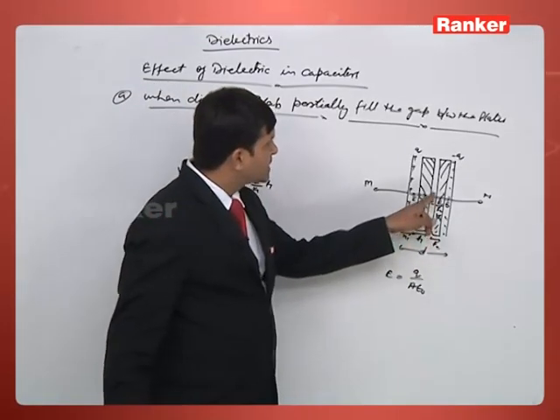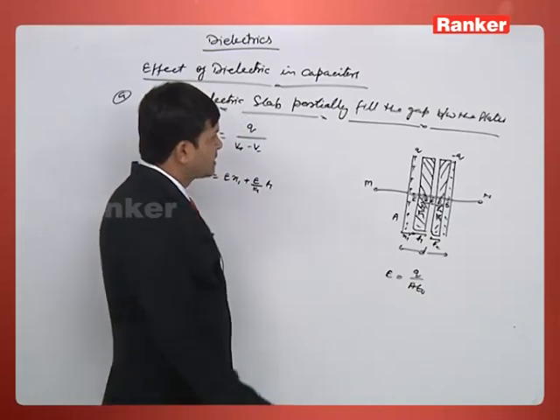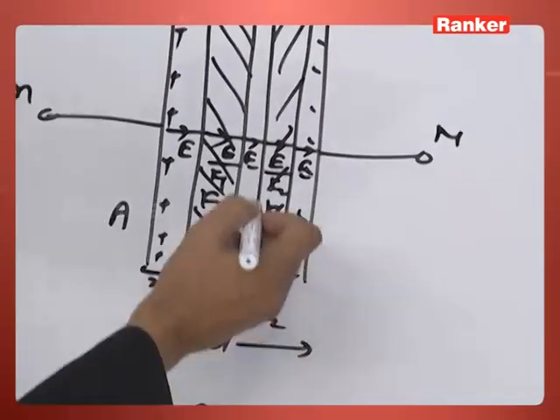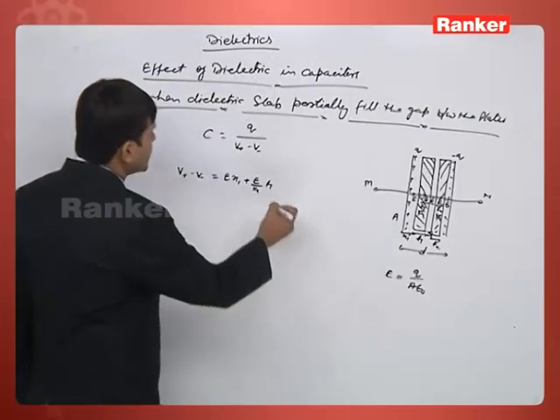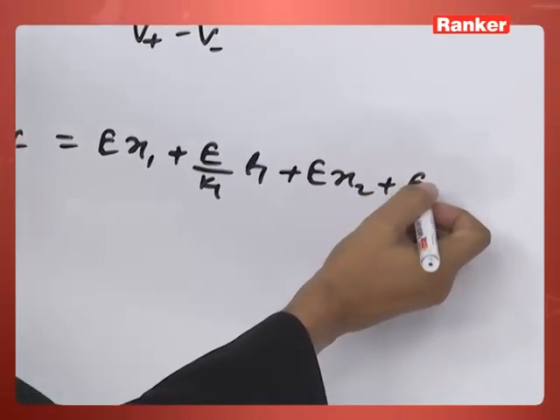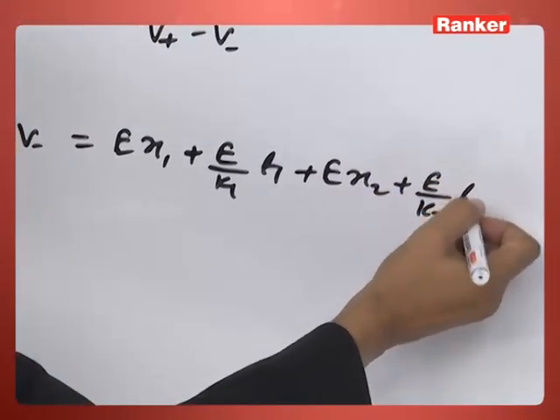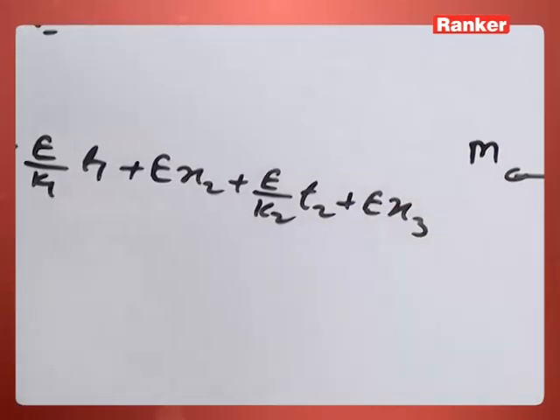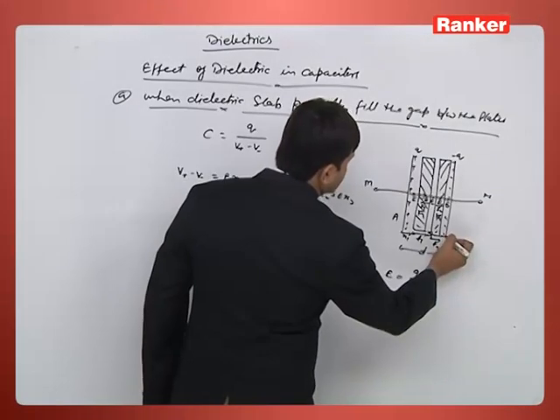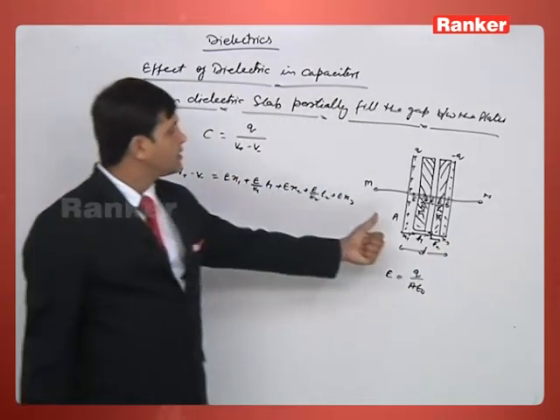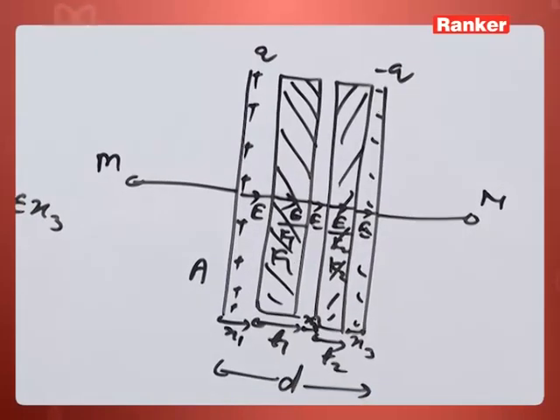Similarly, in the next region where no plate was there, this was the field and let the width be x2. So we can write E x2, similarly E by K2 into T2, plus E x3. This is x3. So this is the potential difference from one plate to another plate.